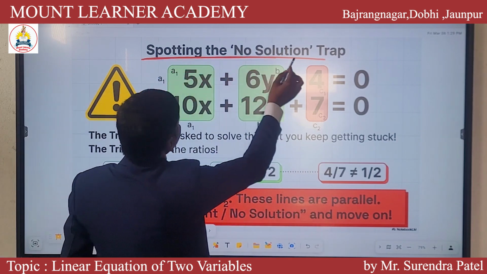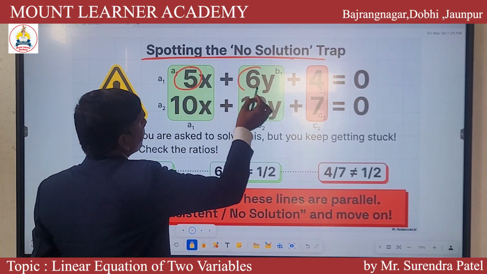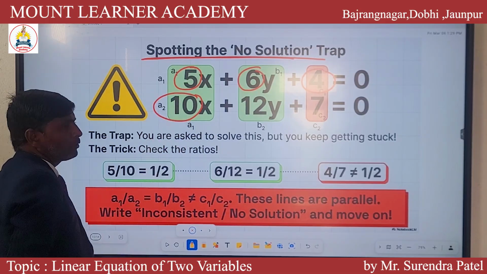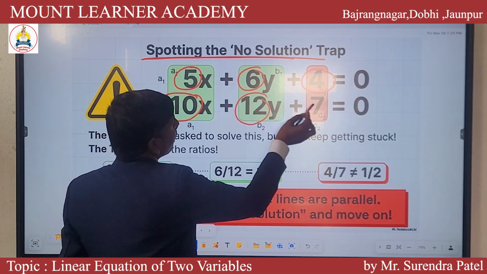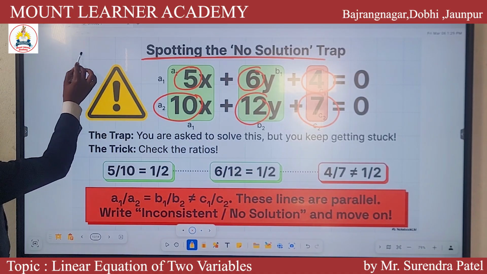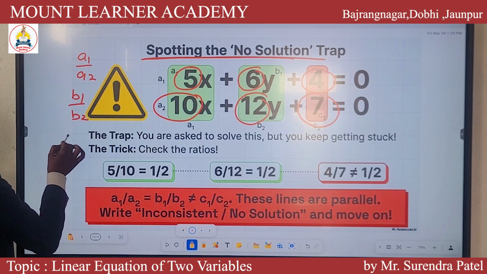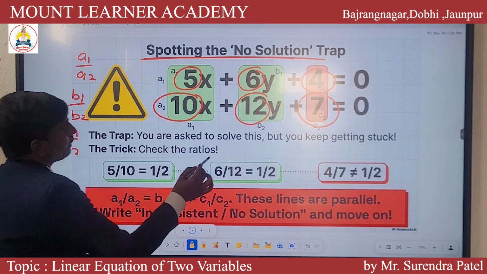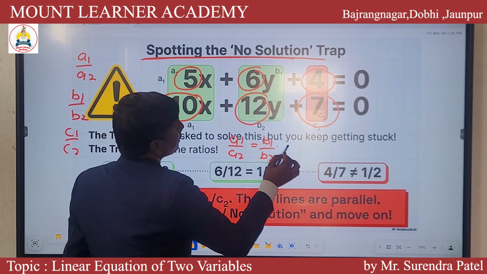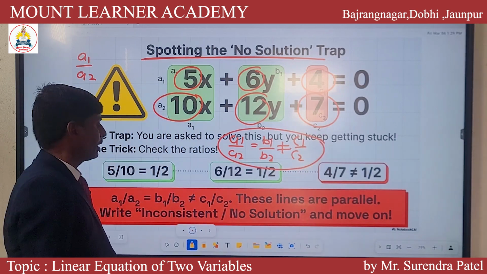Spotting the no solution trap means if we take a1, b1, and c1 from one equation, and a2, b2, and c2 from the other equation, and consider the ratios a1 upon a2, b1 upon b2, and c1 upon c2. If a1 upon a2 is equal to b1 upon b2 and does not equal c1 upon c2, then it gives no solution.